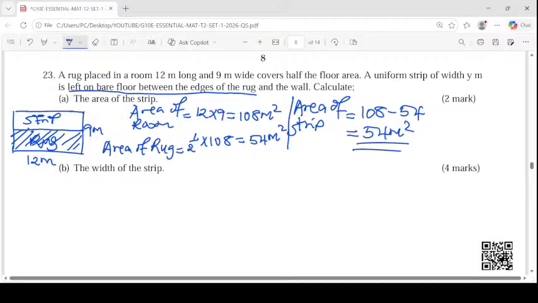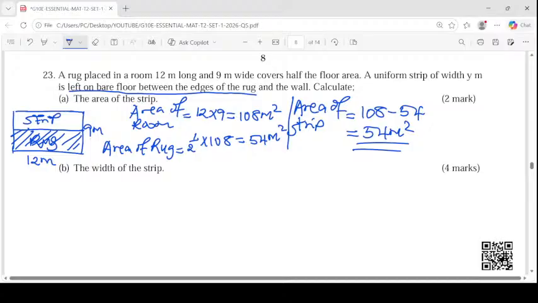So what is going to happen here, to get the width of the strip? What should be the secret in approaching this particular question?